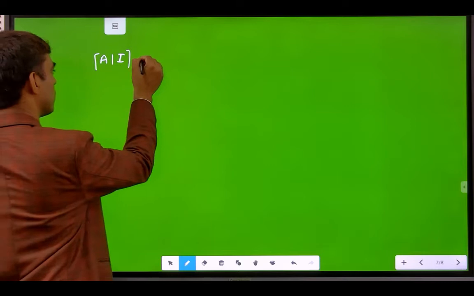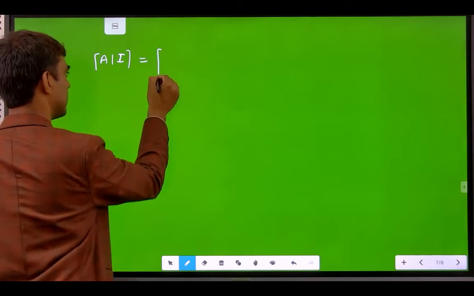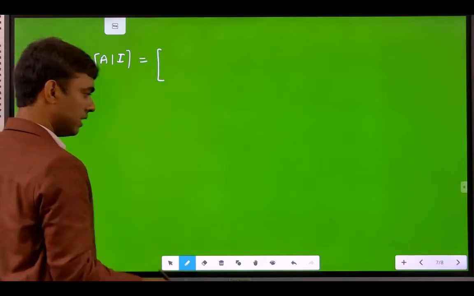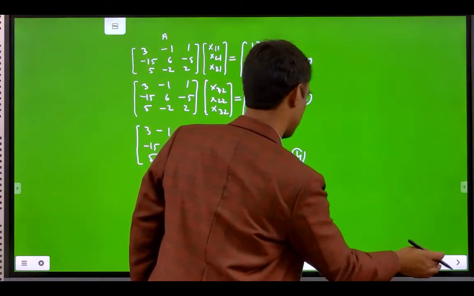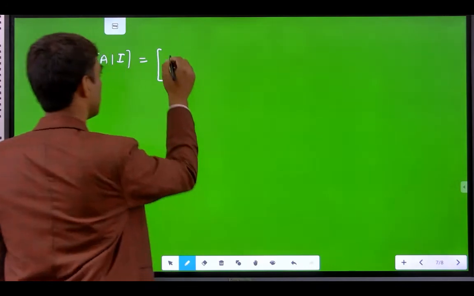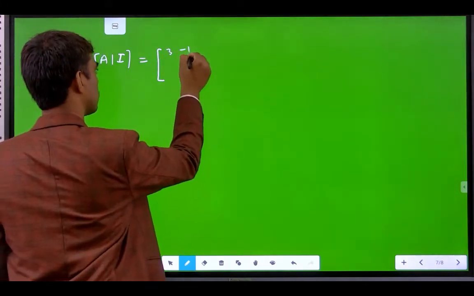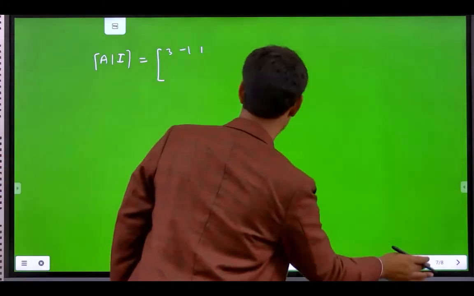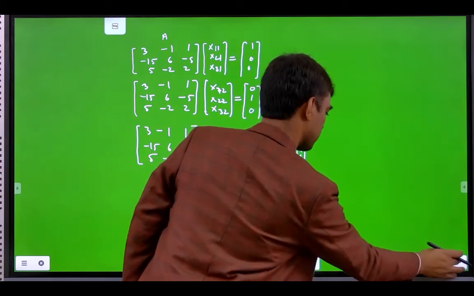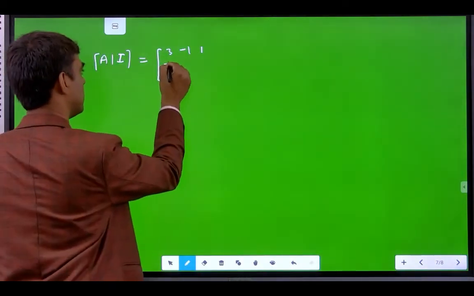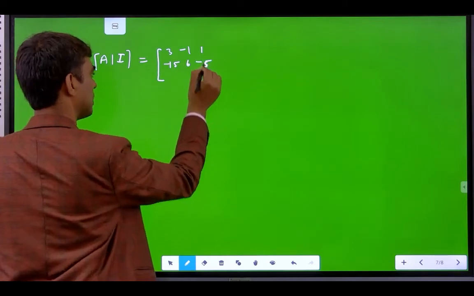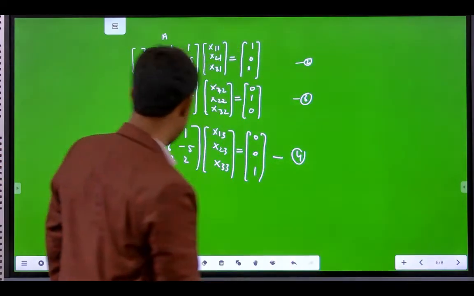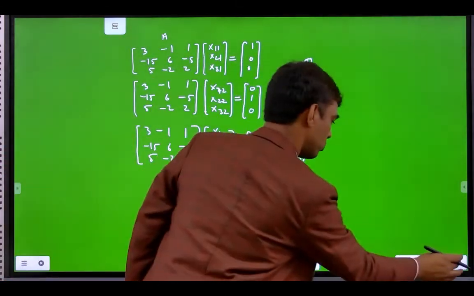So now this equals matrix A. Matrix A is [3, -1, 1; -15, 6, -5; 5, -2, 2].